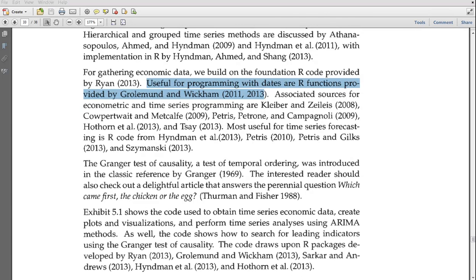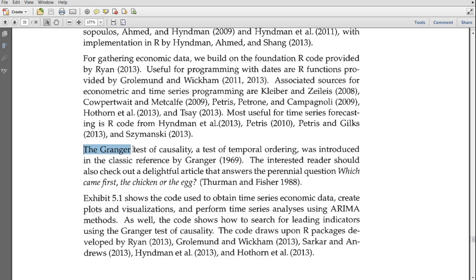Okay. And finally, he says that we also run the Granger test of causality, a test of temporal ordering. Temporal ordering means what comes first, or what's causing what. It's a kind of subtle issue, but the question of causality is different than predicting.